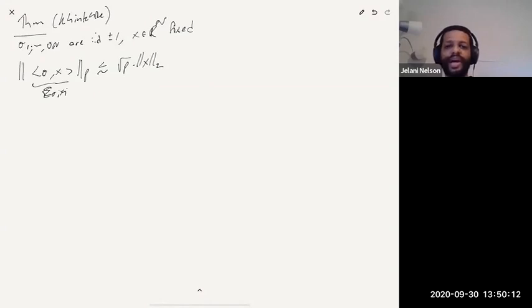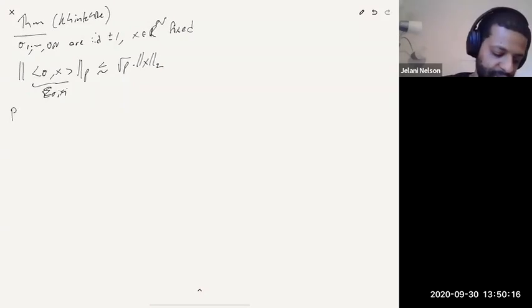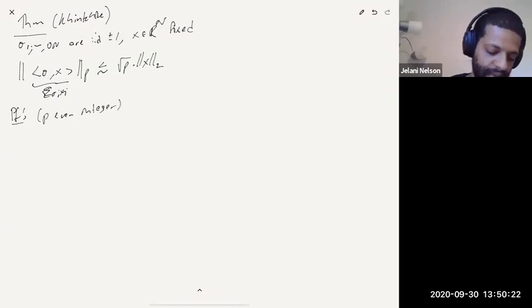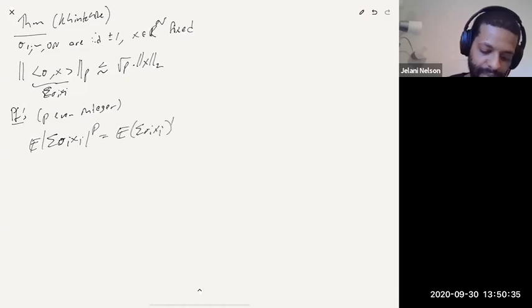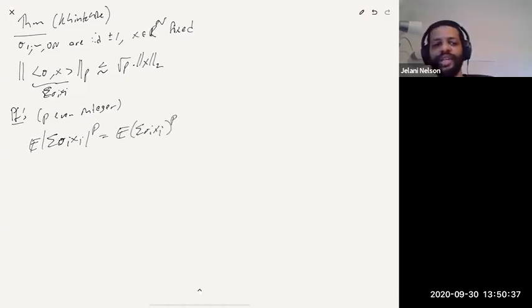And why is that true? Let's just prove it in the case that p is an even integer. Then the expectation of the absolute value of the sum of sigma i x i to the p is the same as the expectation of the sum of sigma i x i to the p without the absolute value, because p is an even integer, so raising to the p is non-negative.